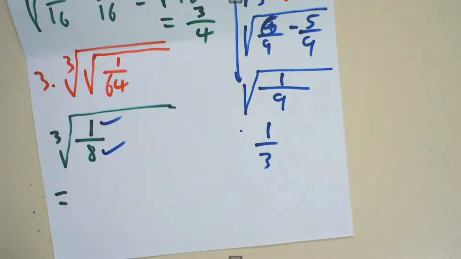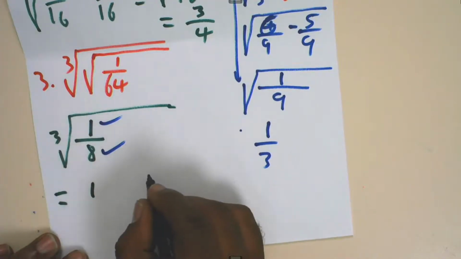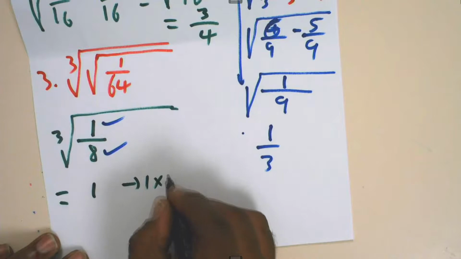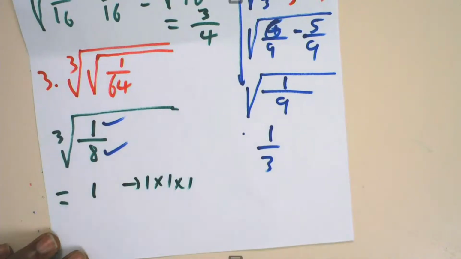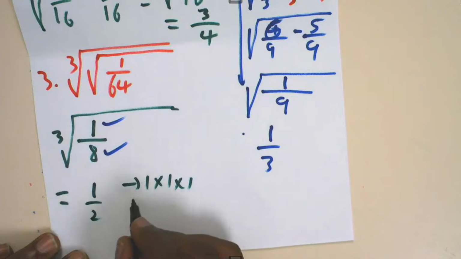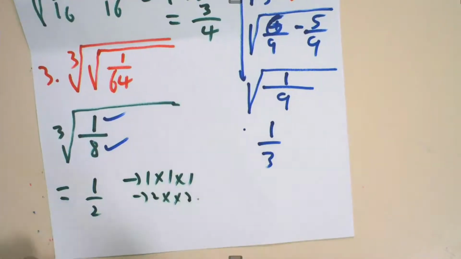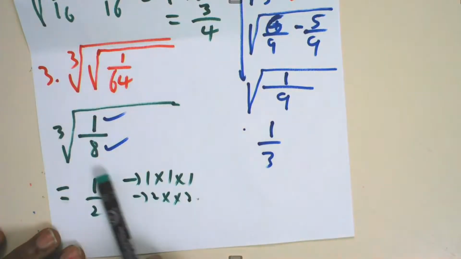Now, what makes 1 a cube is a 1, which is 1 by 1 by 1. What makes 8 a cube? It's a 2, which is 2 by 2 by 2. So from this one to your half.